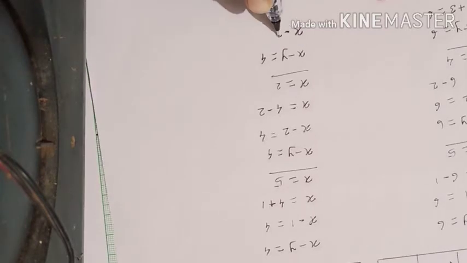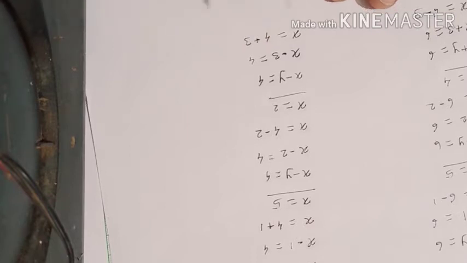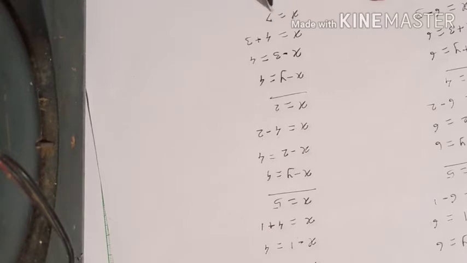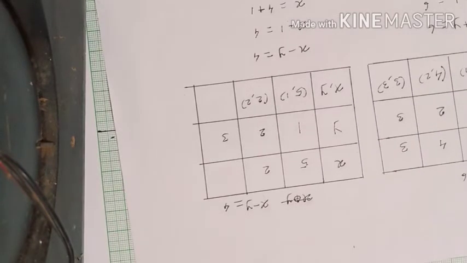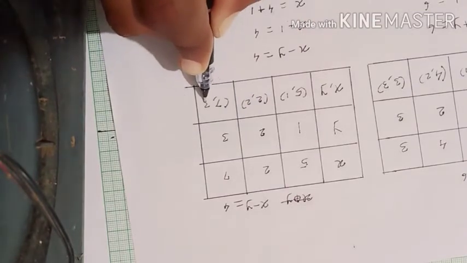Therefore, x minus 3 is equal to 4. Now x is equal to 4, and minus 3 becomes plus 3. Therefore, x is equal to 7. We will write the value of x in that box here, 7, and the coefficient is 7 comma 3.